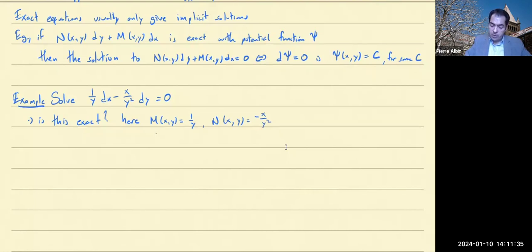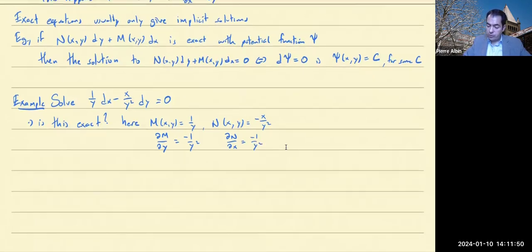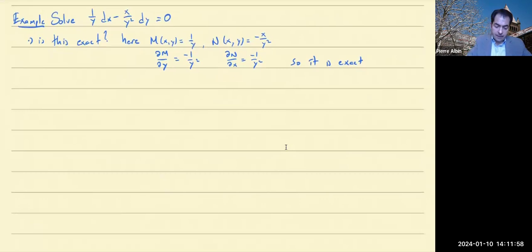And if we take the derivative of m with respect to y, we get minus 1 over y squared. And when we take the derivative of n with respect to x, we get minus 1 over y squared. And since these coincide, we see that this differential form is exact. Okay, so that guarantees that there is a potential function.